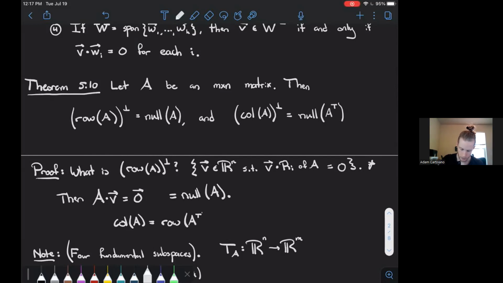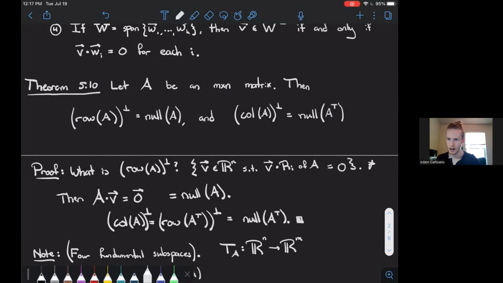If I want to compute the orthogonal complement of the column space of A, I just compute the orthogonal complement of the row space of A transpose. Mouthful. But that's just the null space of A transpose. And so we're done.